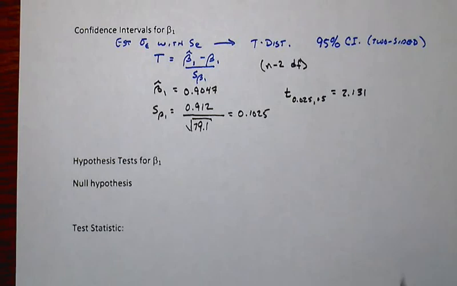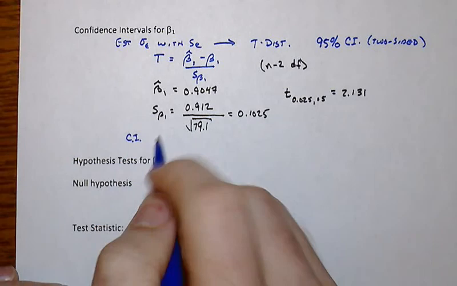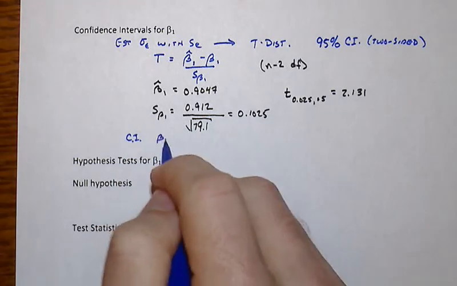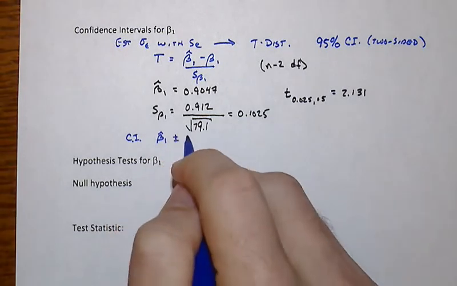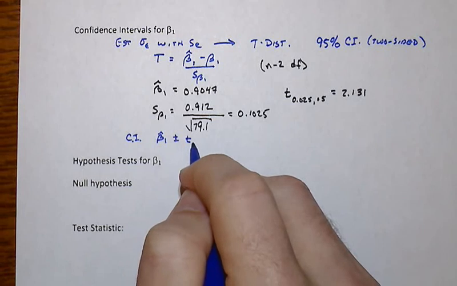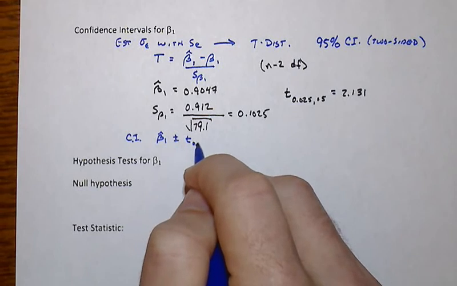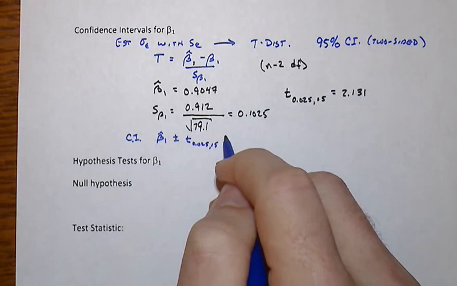Okay, so our confidence interval is going to be our measured beta 1 value plus or minus the t value that goes along with our confidence interval, in this case t 0.025 comma 15, times our standard deviation.